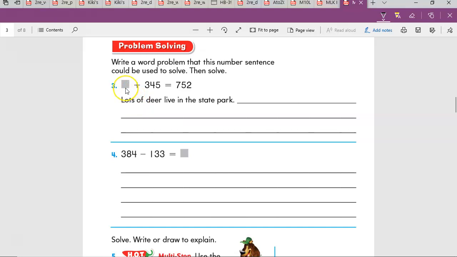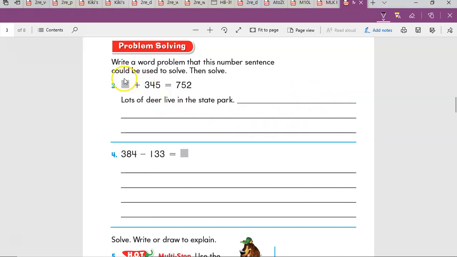Okay? For number 3, it says blank plus 345 equals 752. Lots of deer live in the state park. Okay? You could say there are some brown deer and 345 black deer. There are 752 deer in all.